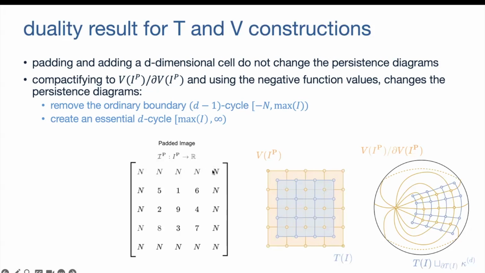So this padded V image will always start with a d-1 cycle, I guess, at that value minus n, and that d-1 cycle will only ever die when I reach the maximum image value. So that one gets removed when I do this quotient operation, and it is replaced with a d cycle, which is representing the d sphere. Okay, and that d cycle is created when I fill the final maximal pixel value, and it lives to infinity, right? Cool.